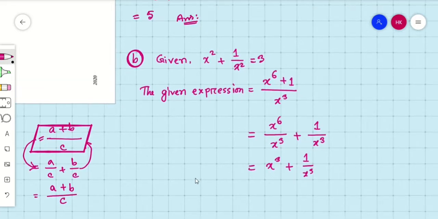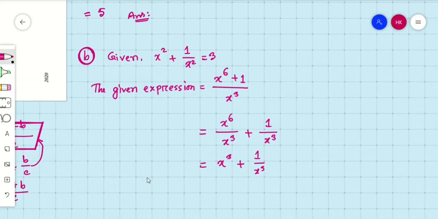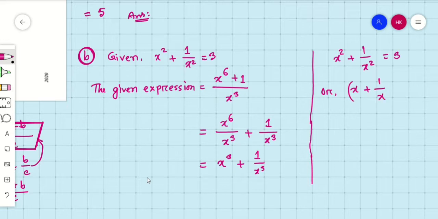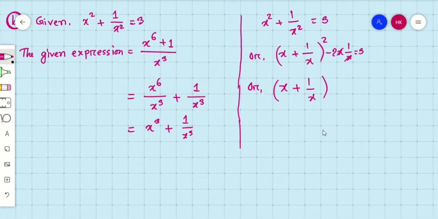Now from the given expression we can write x square plus 1 by x square is equal to 3, or x plus 1 by x whole square minus 2 times x into 1 by x equal to 3, or we can write x plus 1 by x whole square is equal to 3 plus 2 is equal to 5.